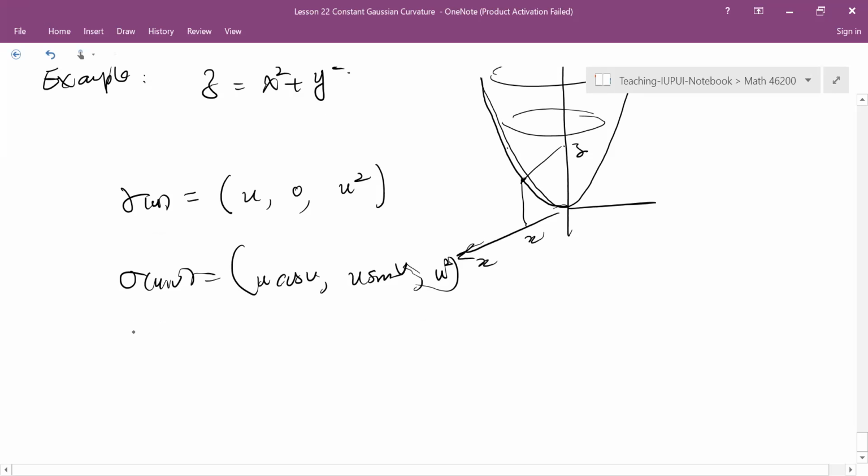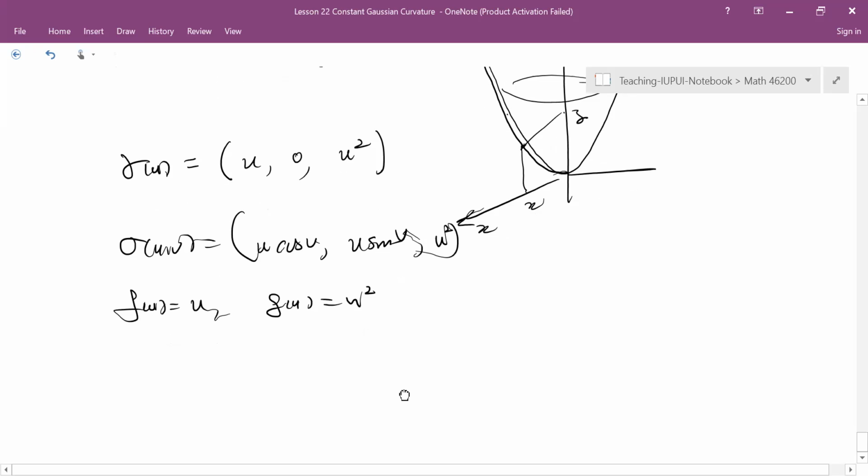So we use our f, which is going to be u, and g can use u squared. We can get E equals 1, F equals 0, G equals u squared.